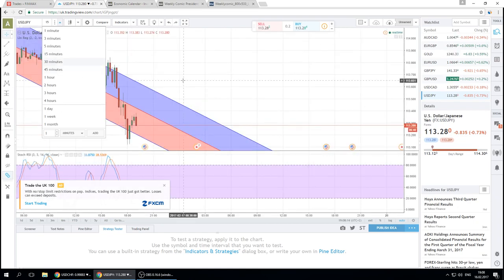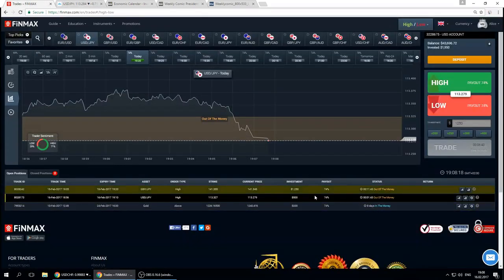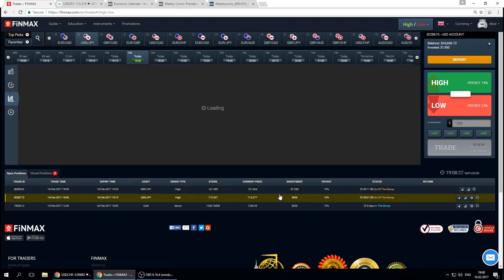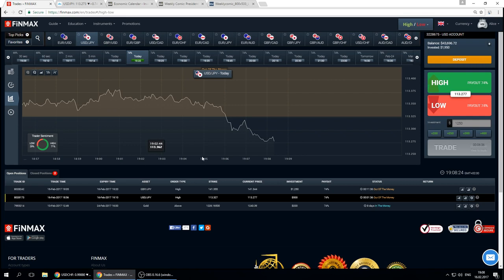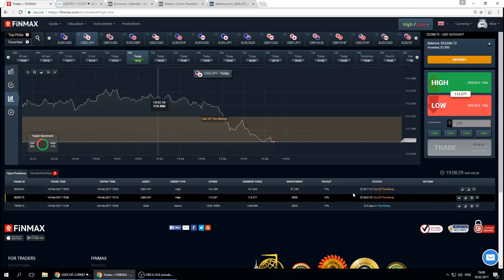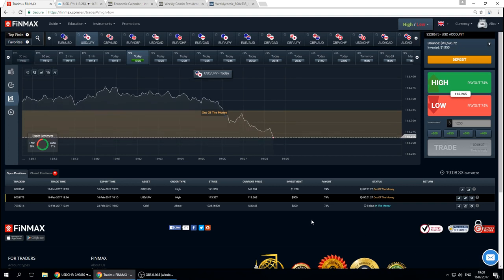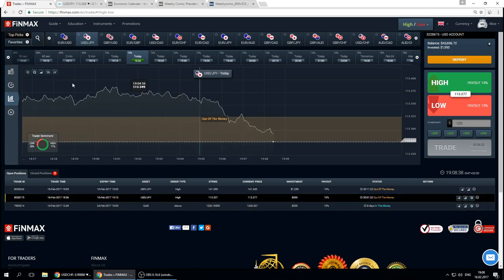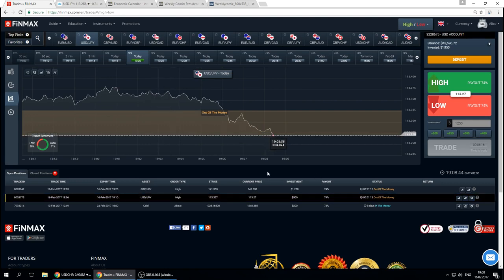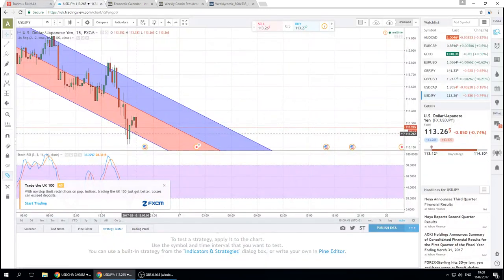What do we have here? Oh yeah. So probably we will open the second trade for the bigger amount, for the same expiry time, for the same direction.